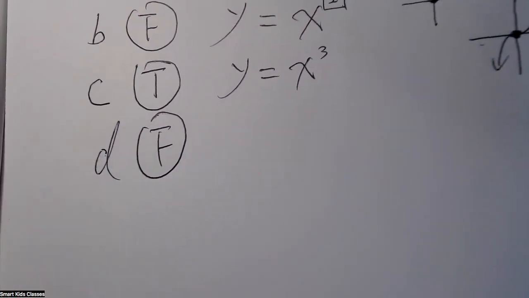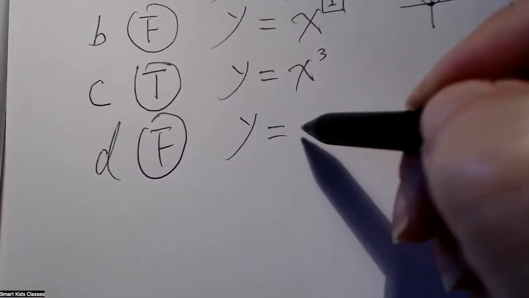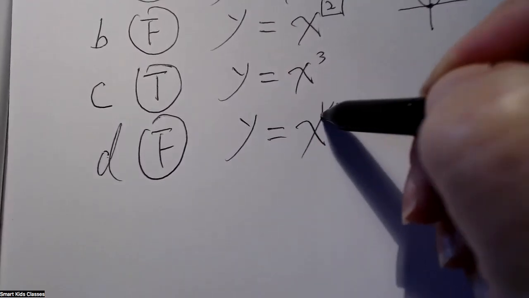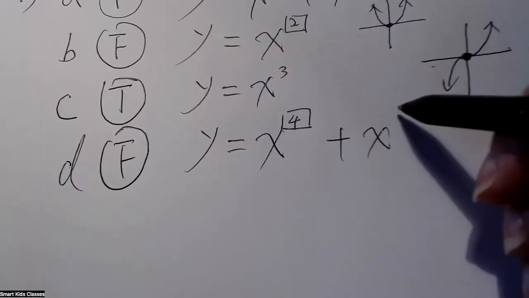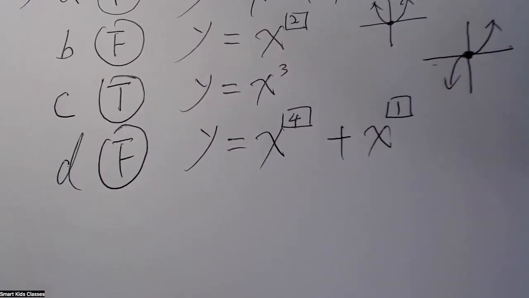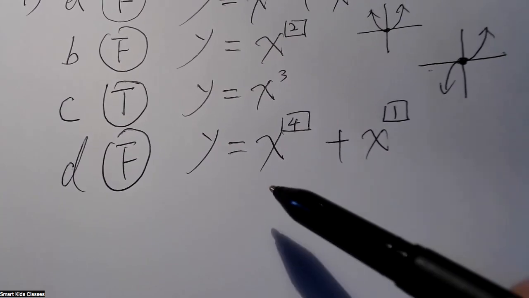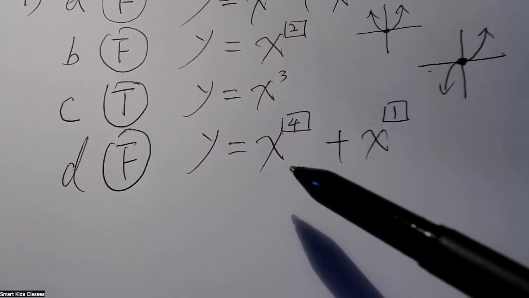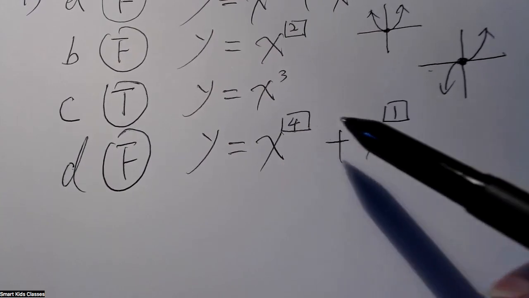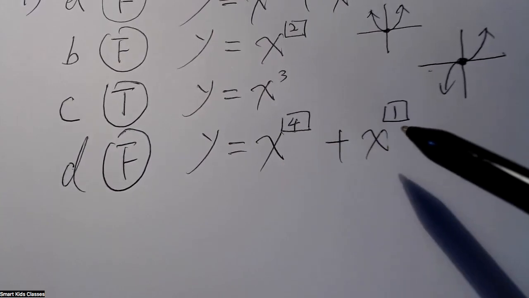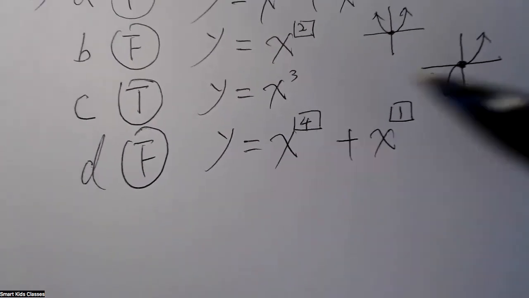If I have y equals x exponent 4, which has an even leading degree, and then add x exponent 1, this function is neither even nor odd because odd and even terms are combined. Therefore, D is a false statement.